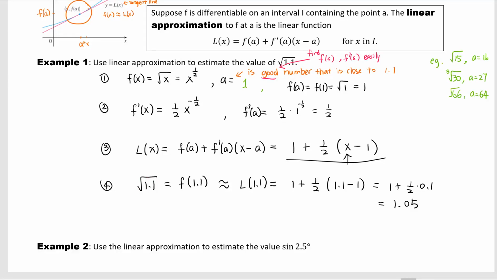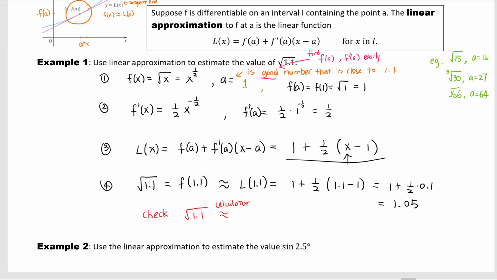Okay? And we can also check our work. So for the problems in this session, it's very great because you know whether you're doing right or wrong. So you can check our value. Square root of 1.1. You put this in your calculator. Okay? What do you get?